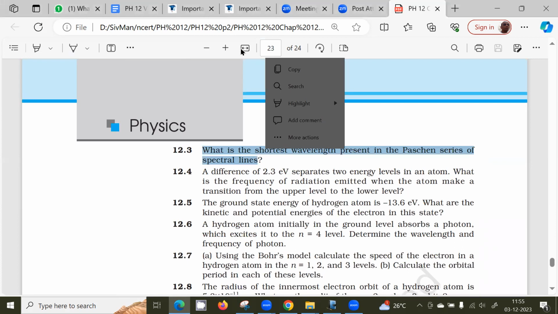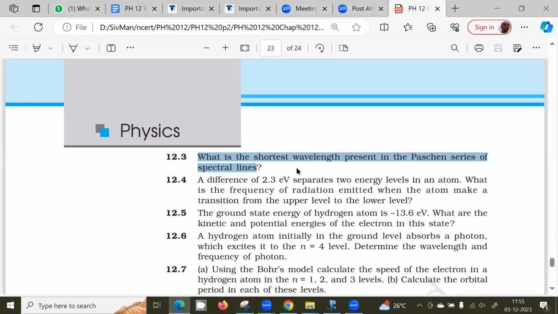So this one, shortest wavelength means highest frequency. So highest frequency corresponds to the jump from infinity to the Paschen, Lyman-Balmer-Paschen, n equal to 3. So n equal to 3 is the final state, and the jump from infinity to 3 gives the shortest wavelength.